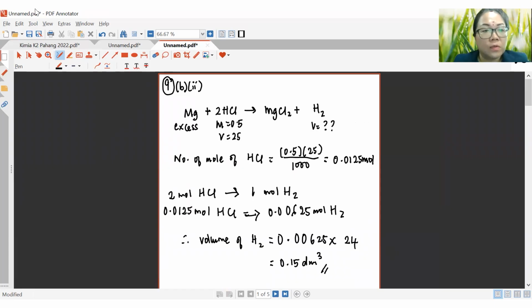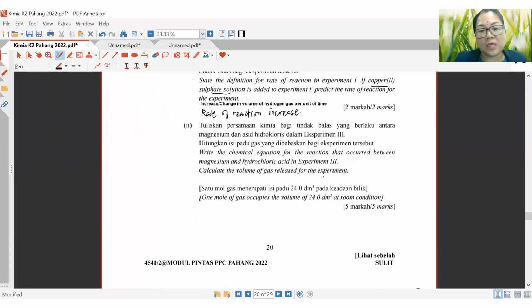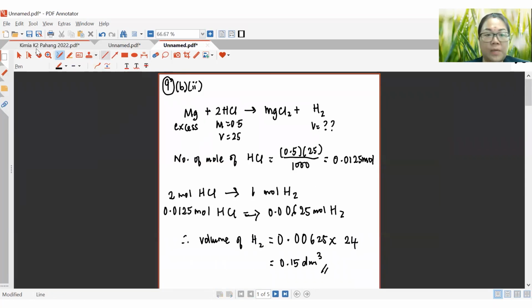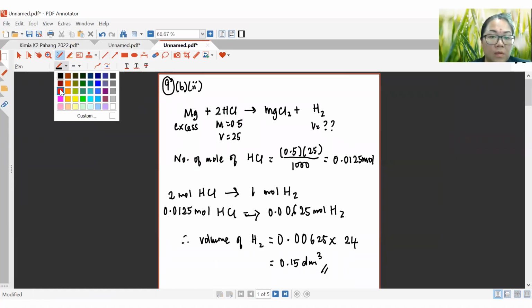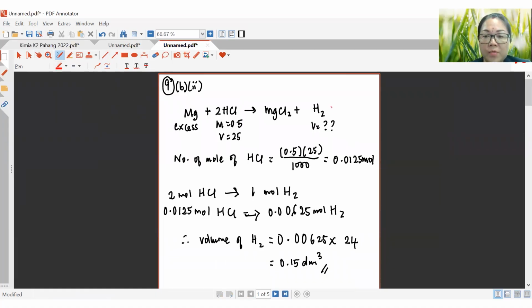Now, how do we spread out the marks here for 5 marks? Let's look at how. Point 1, able to write down the chemical equation. Second point, able to balance the chemical equation.